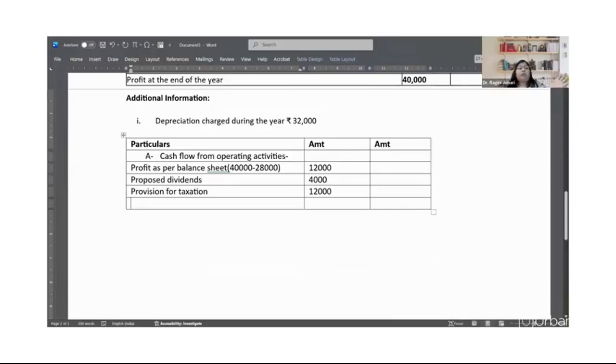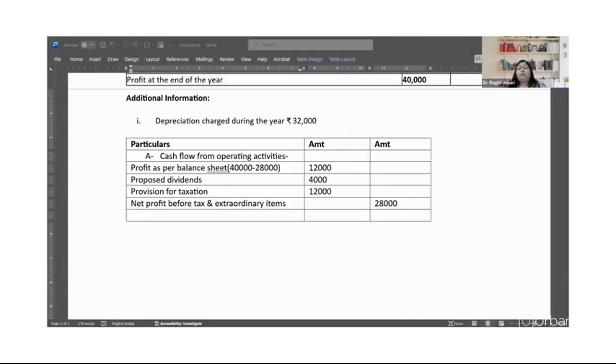Now if we sum all these together, we get net profit before tax and extraordinary items. So 12 plus 12 is 24 plus 4. This makes it 28,000. All right.